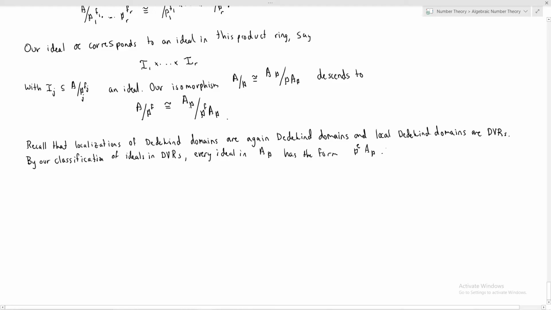What does it tell me? So ideals in this guy here correspond to ideals in A localized at P containing this thing. Okay, so what do we see?